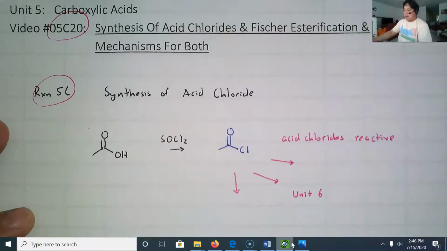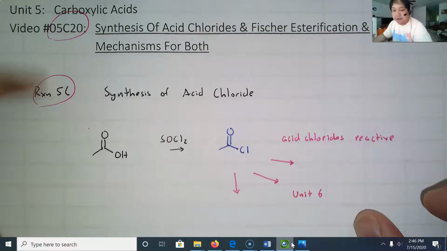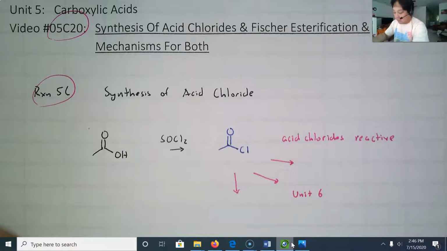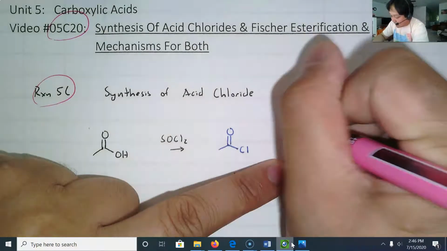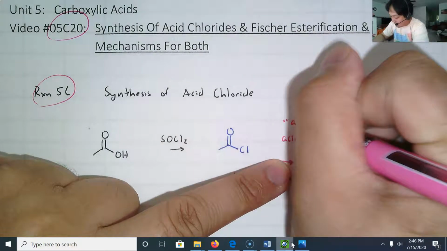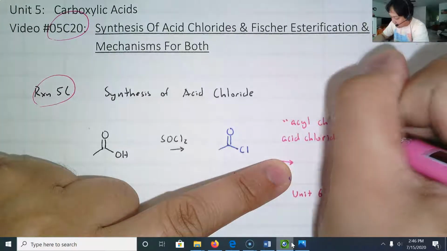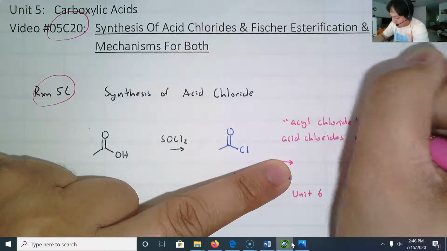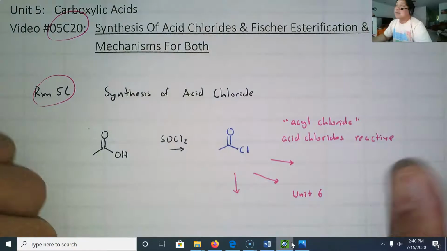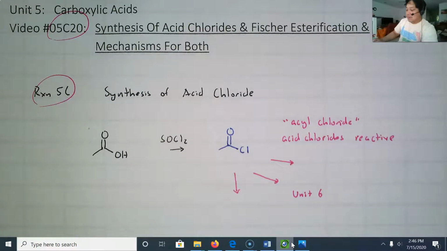But it is one of the more important reactions of a carboxylic acid, so I put this in Unit 5. The other name for an acid chloride is acyl chloride.